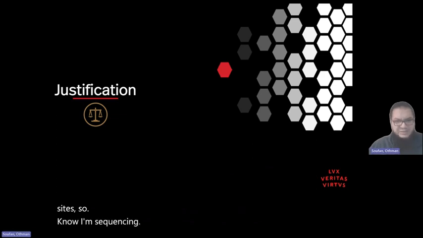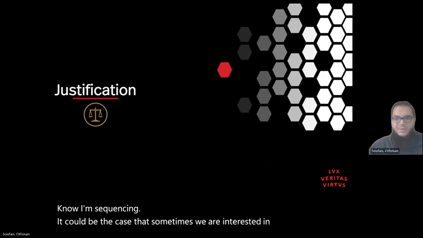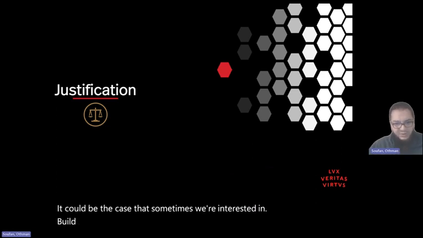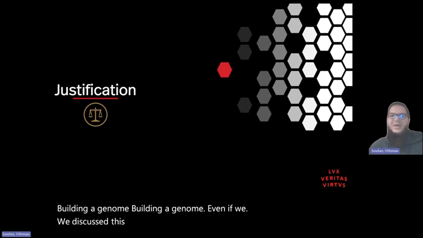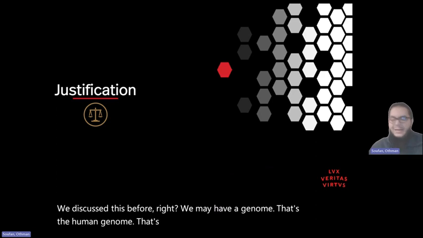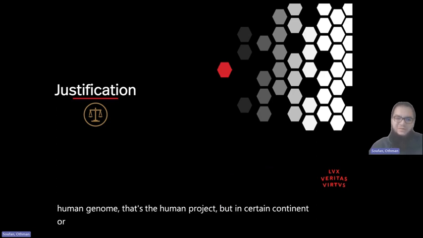Genome sequencing could be the case where sometimes we are interested in building a genome. We discussed this before, right? We may have a genome, that's the human genome, the Human Genome Project. But in a certain continent or country, we may have a different version of the genome.